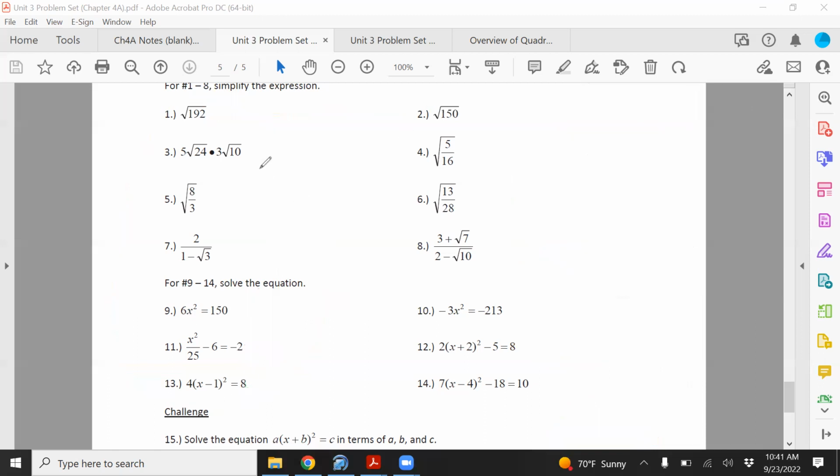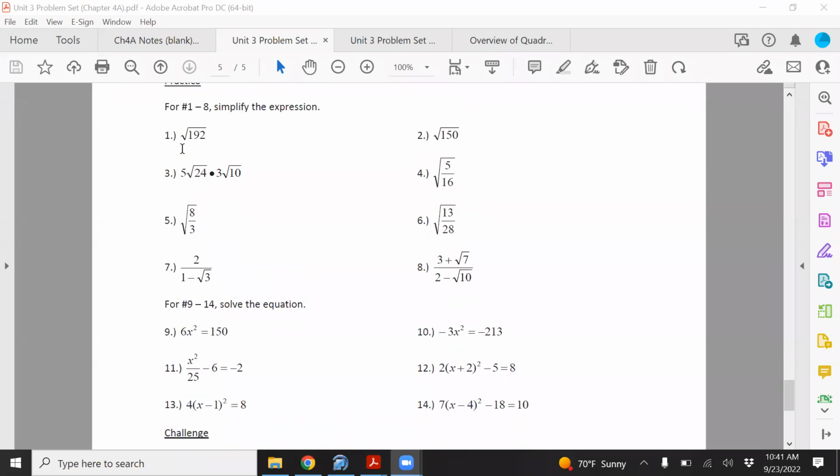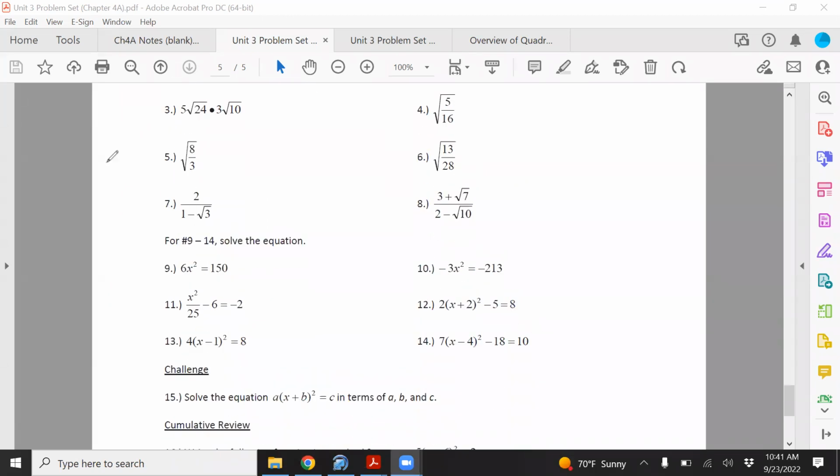Now, I'm not sure what you guys have been told in the past for radicals in the bottom, but usually, for these two problems here, we want to rationalize the denominator, the bottom.